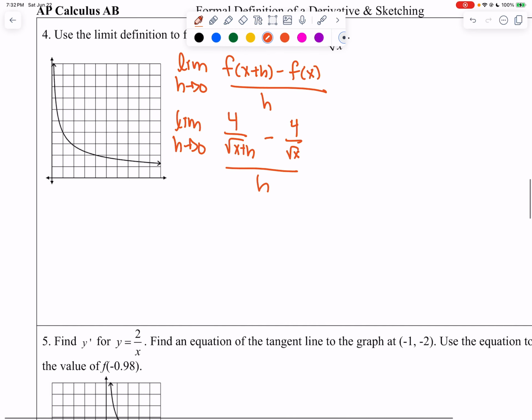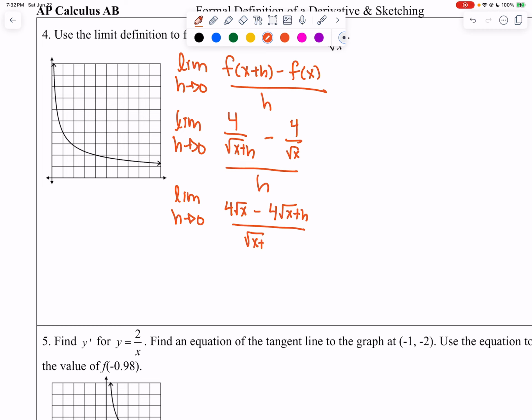And what we're going to do is go ahead and make the numerator one fraction. Then I'm going to same change flip it so that it's easy for me.